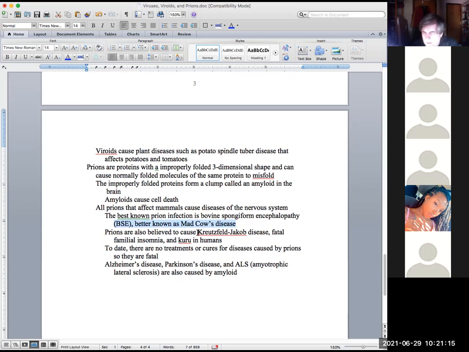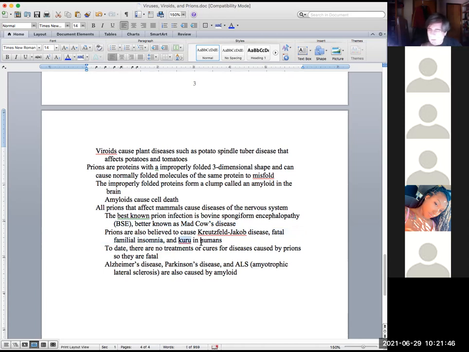And prions are also suspected to cause something called Creutzfeldt-Jakob disease, which is actually a genetic disease, or something called fatal familial insomnia. So this is, again, a genetic disease. It runs in families, as you can tell from the name. And in this case, a person has so much trouble sleeping, it's eventually fatal. And another disease called Kuru.